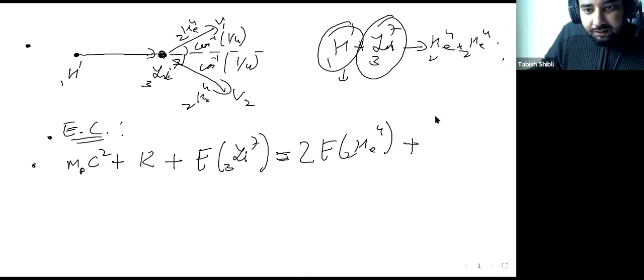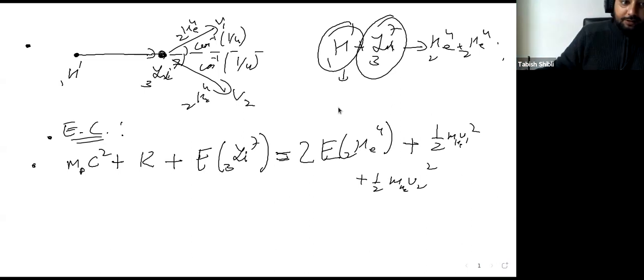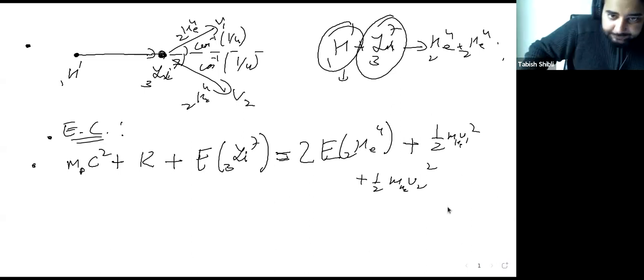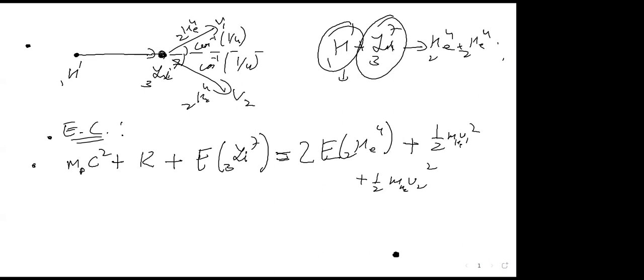Well, that's just half m v1 square plus half m v2 square, where m is the mass of the helium nucleus, right? So this should be your whole energy conservation equation, correct? Yes, no, maybe. Yes, sir. Lovely.